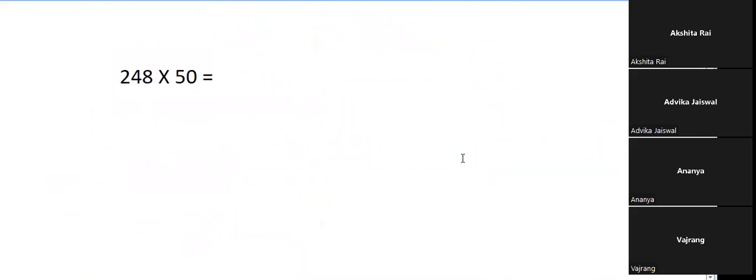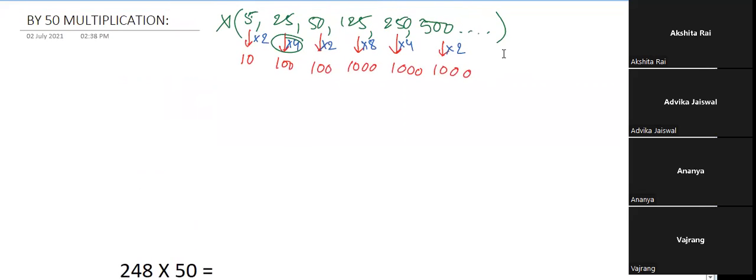Here you need to multiply the given number by 50. Let me explain one question first. Suppose the number is 529 into 50.